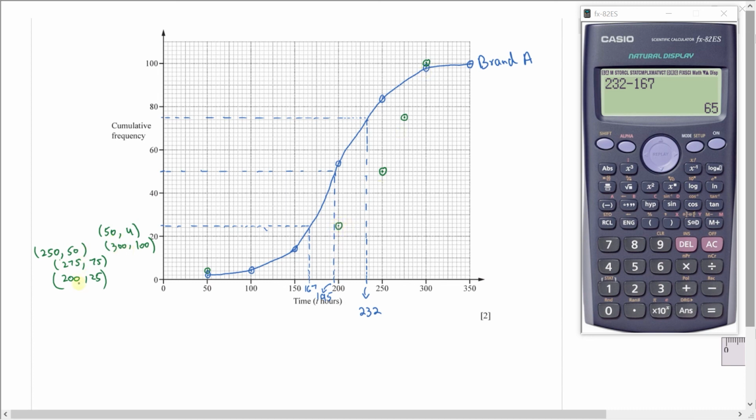So I've plotted the 5 points, and now I can draw the curve.